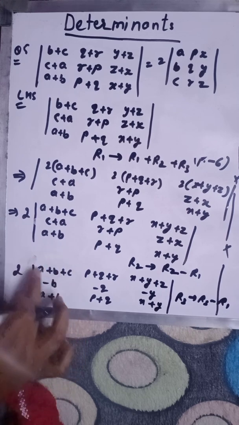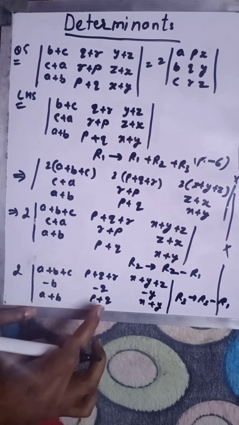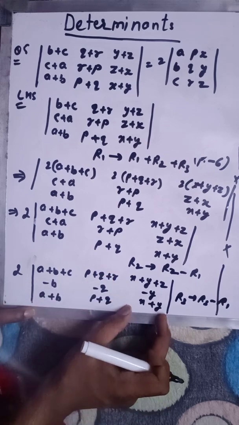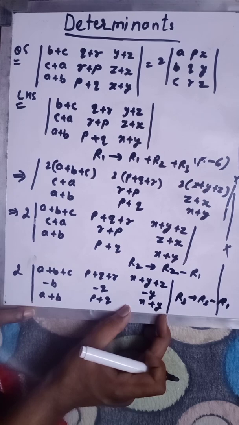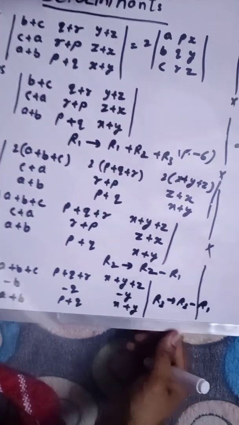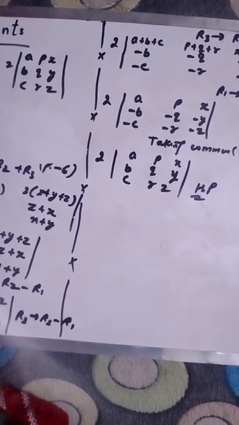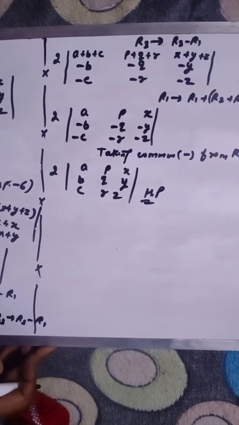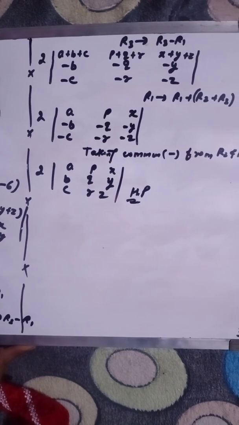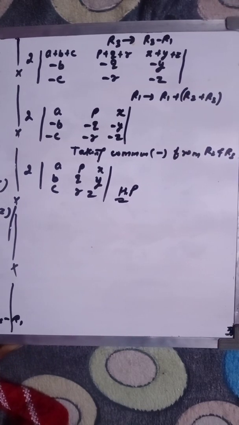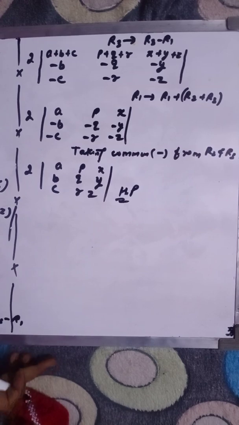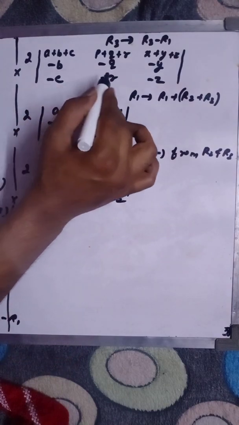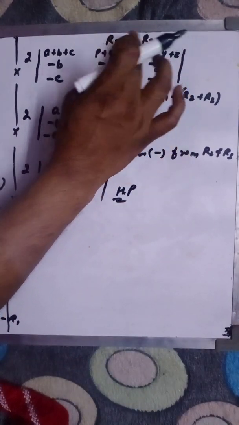This minus this whole element, and this minus this whole element. Here you will get minus r, and here you will get minus z. So you can see on the next page. Here you will get minus c, minus r, minus z after applying this operation.